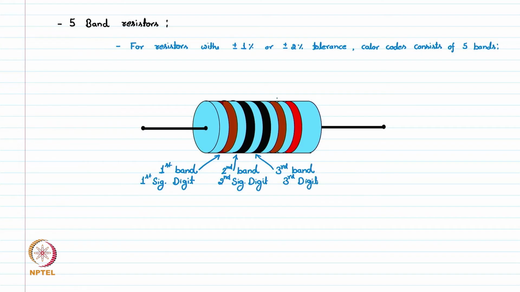The fourth band is a multiplier, and this fifth band is the tolerance.